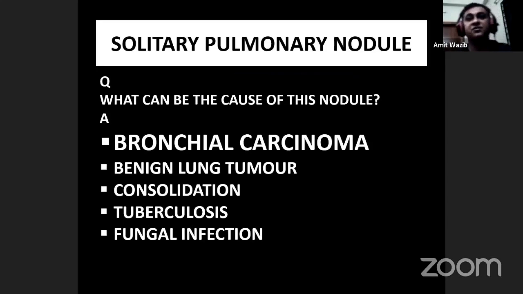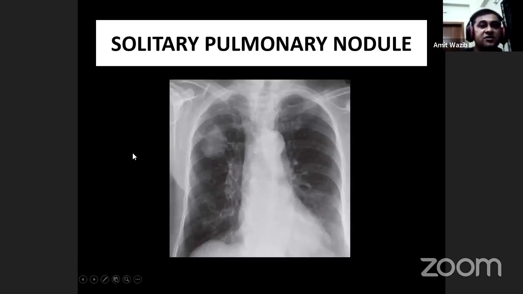Again, just like Pancoast tumor, the most important investigation in such a solitary pulmonary nodule is CT guided FNAC. It will directly collect the tissue, and histological and microbiological examination of such tissue will bring out the definitive cause. So what is the most important investigation in such solitary pulmonary nodule? The most important investigation will be CT guided FNAC.